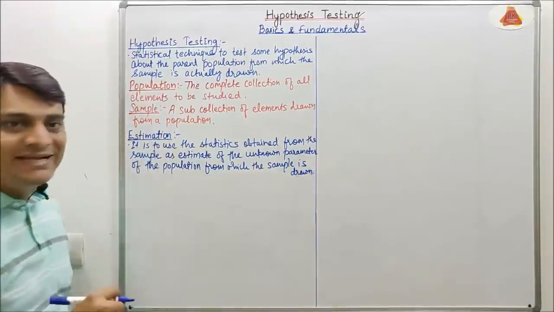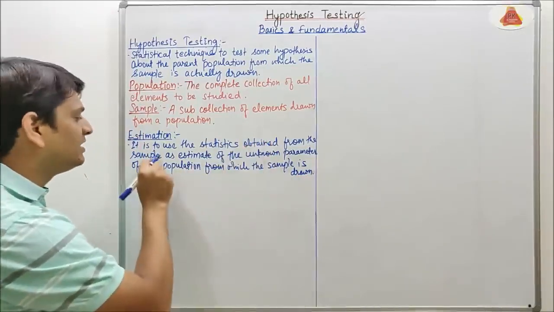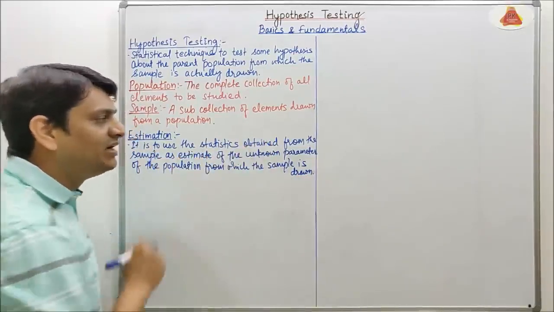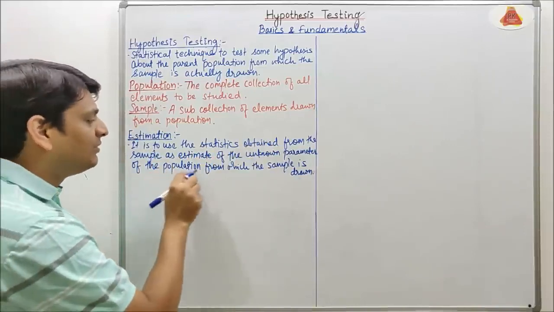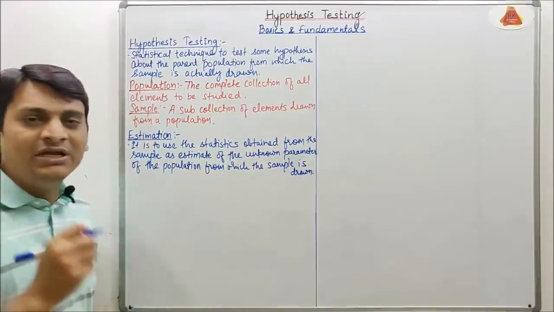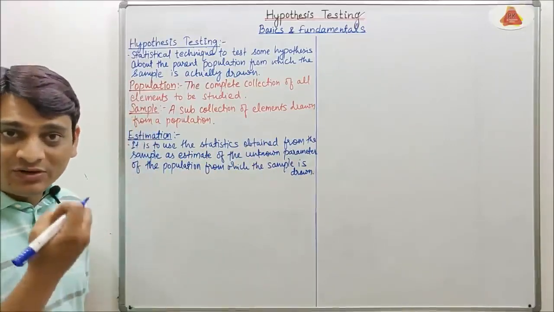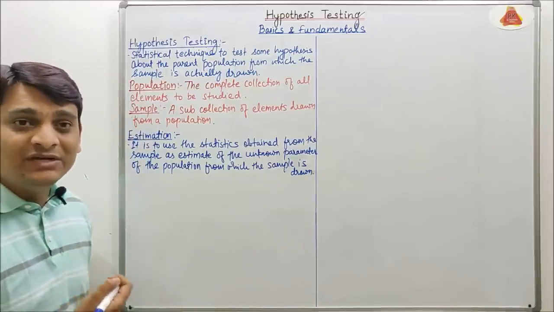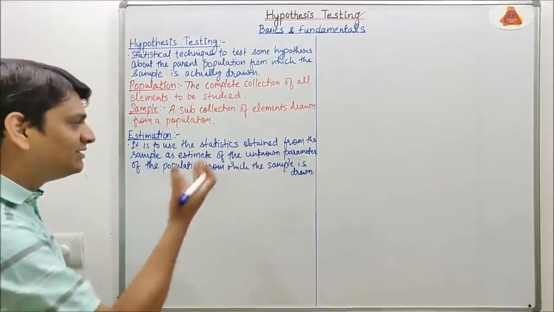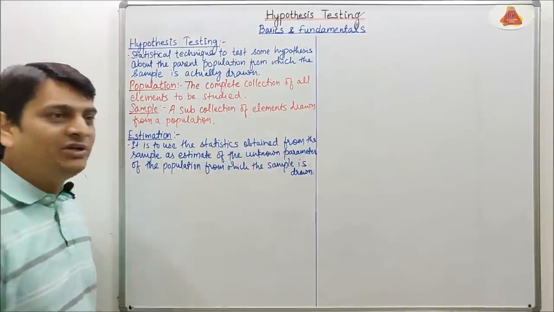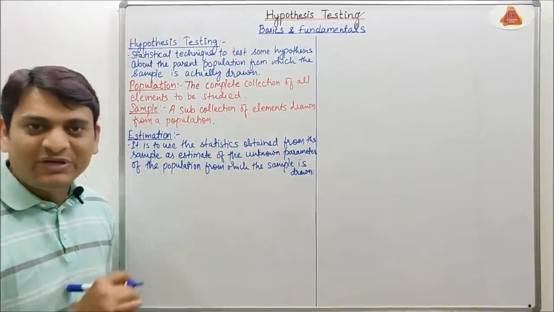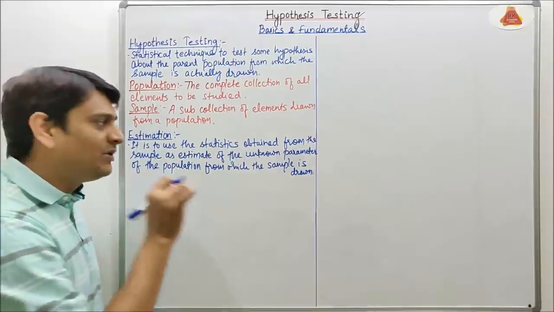Estimation is to use the statistics obtained from the sample as an estimate of the unknown parameter of the population from which the sample is drawn. It means a sample will be drawn from the population, and that sample will be used to estimate the unknown parameter of that population, and that sample will be representative of that population.